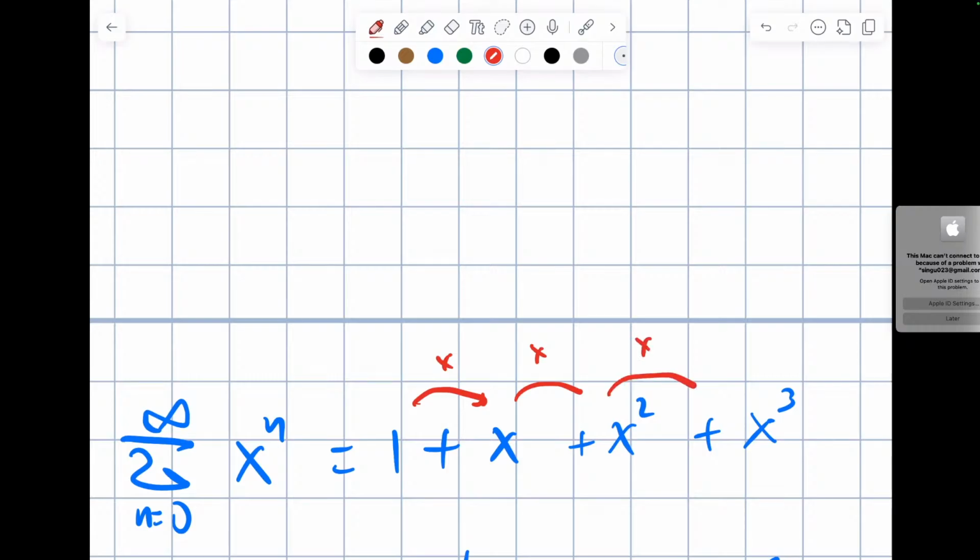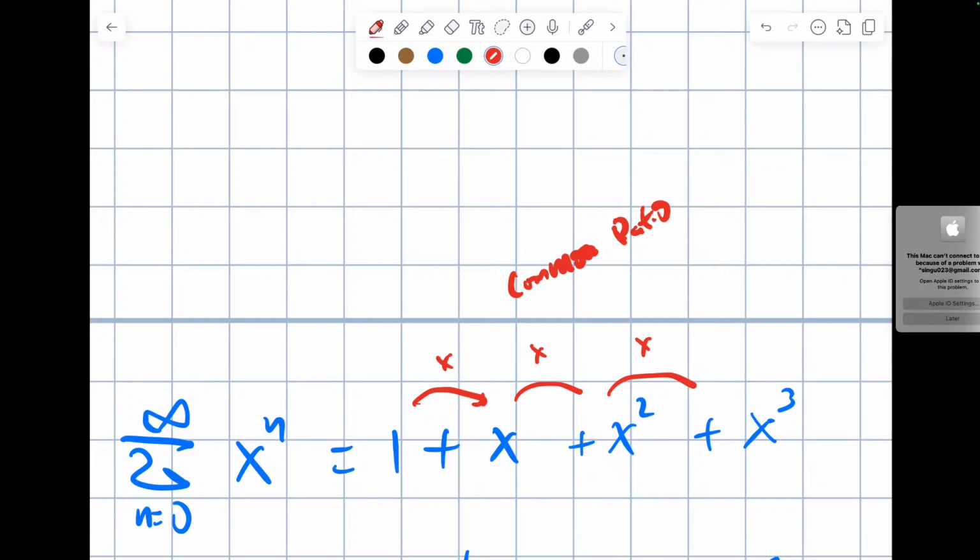It must mean that there's something that multiplies by x each time, and this can represent a function. Which series that we have talked about before multiplies by the same thing over and over again? It's geometric. The common ratio is x.